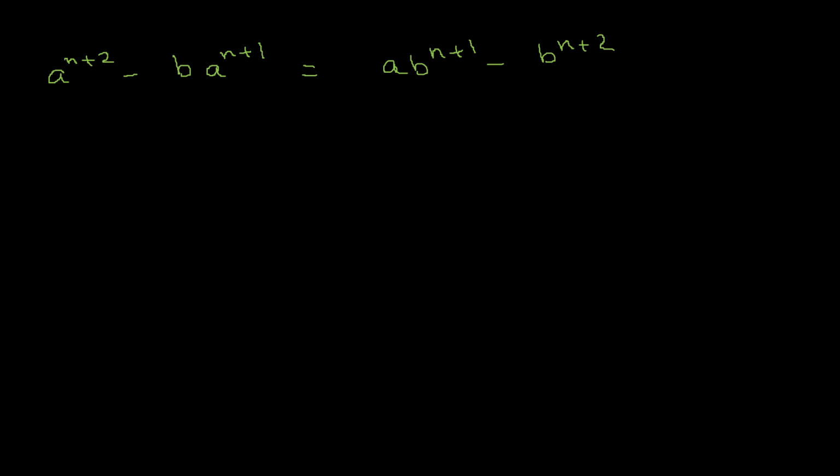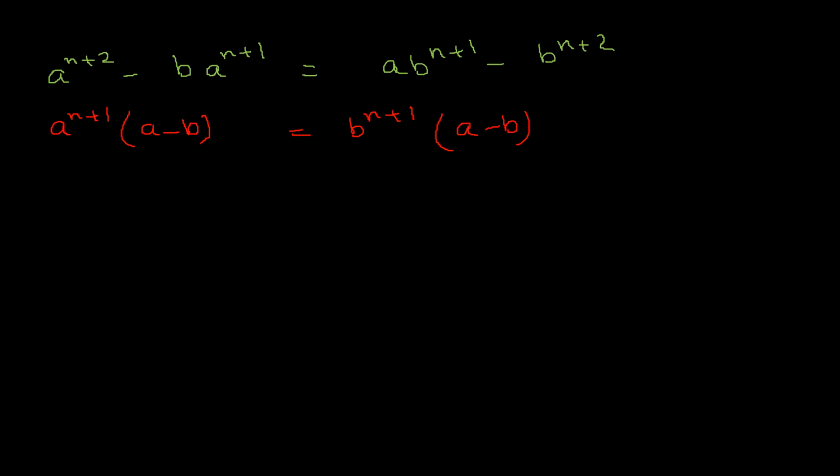So by taking the powers common, we get a raised to power n plus 1 times (a minus b), and here if we take b raised to power n plus 1 common, we get (a minus b).